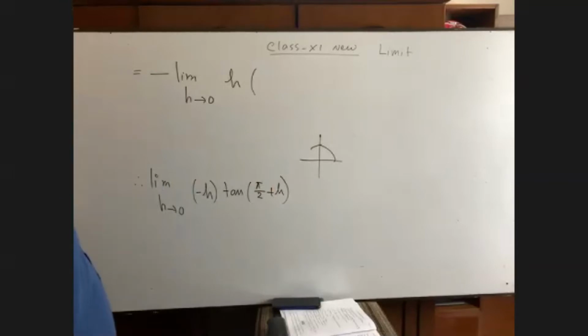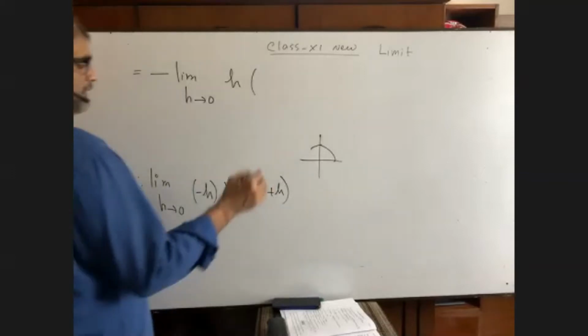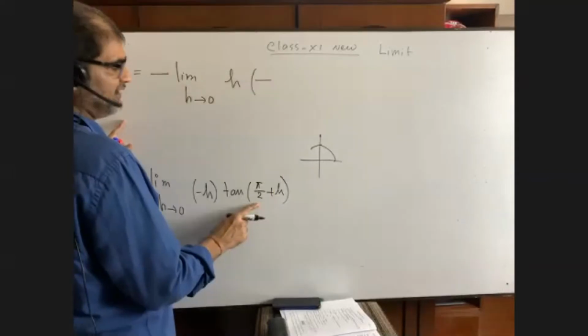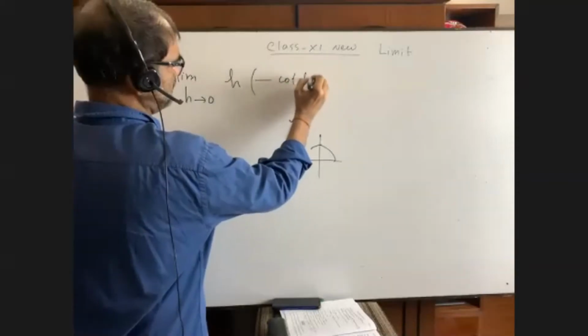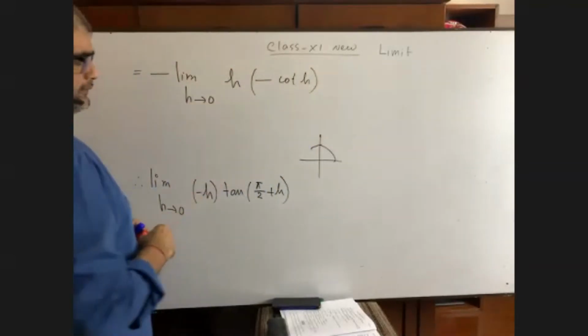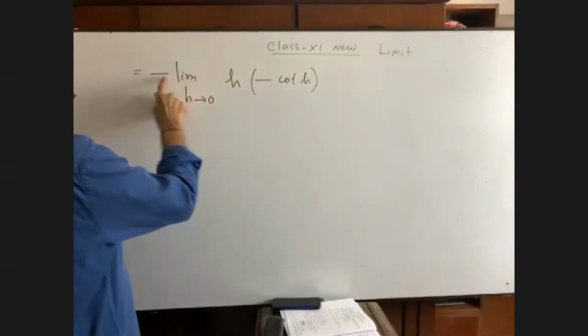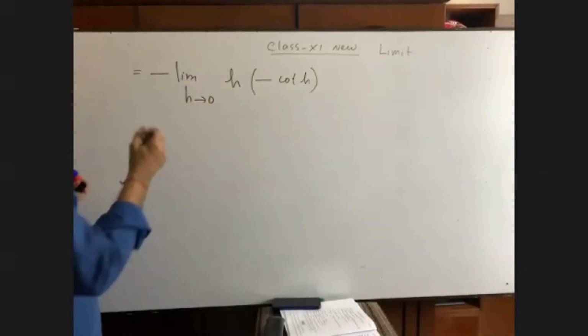Am I right? Yes, sir. Tangent is negative, so we can write here minus only, and tangent will be cotangent. Okay. Now you see minus minus plus, right?